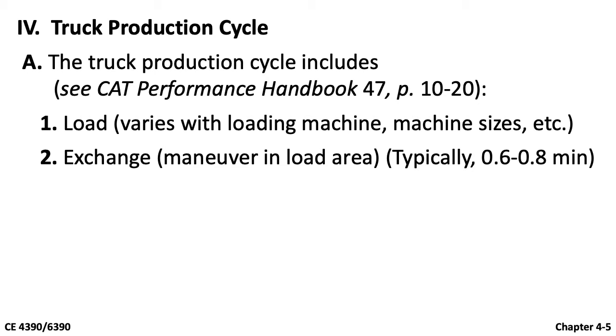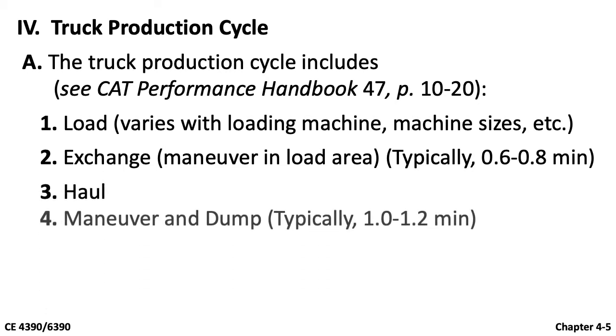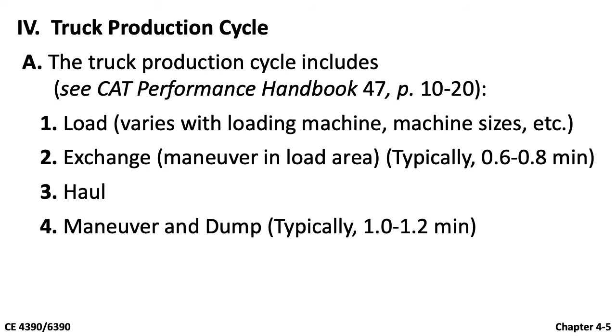Typically, it is about 0.6 to 0.8 minutes. Number 3, hauling. Number 4, maneuver and dumping. So this time component is typically ranging from 1 minute to 1.2 minutes. Number 5, return. So those are the 5 time components of the truck production cycle.